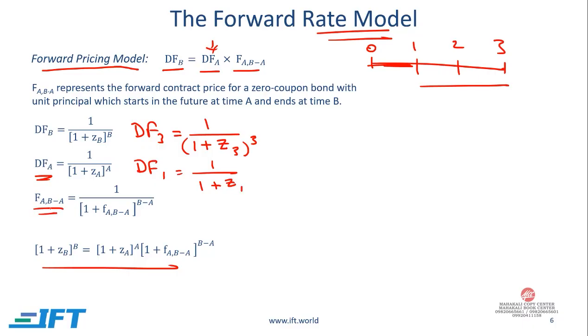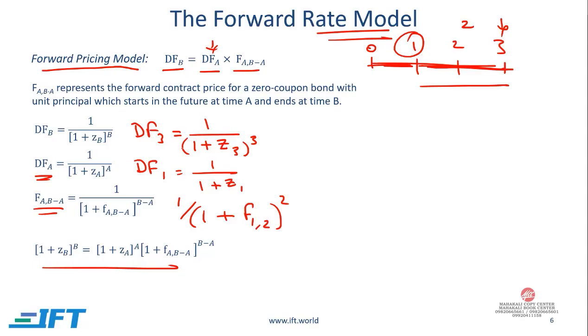And if we are using the forward rate over here, so the forward rate for a loan that starts at the end of one period and ends over here, so it is a 2-year loan, the forward price is basically equal to 1 divided by 1 plus the forward rate F(1,2), because this starts at the end of 1 year and it represents the rate for a 2-year loan, and this is squared.